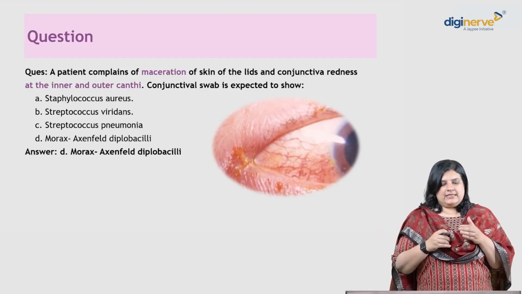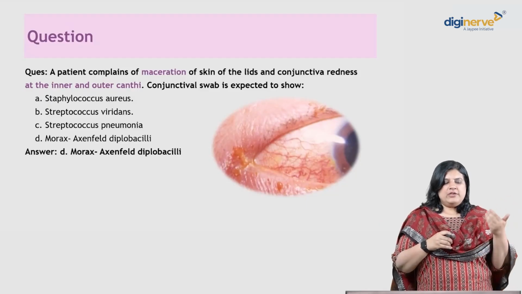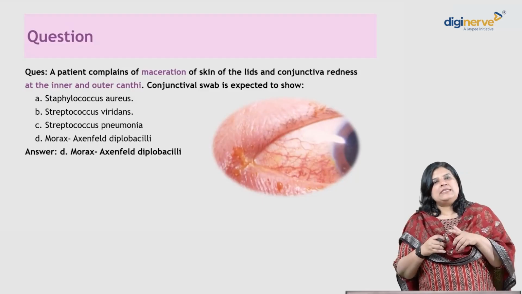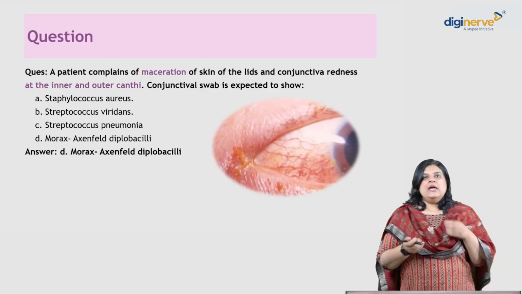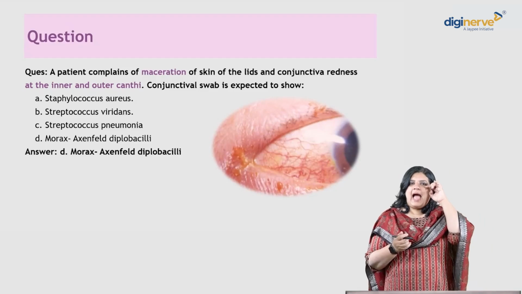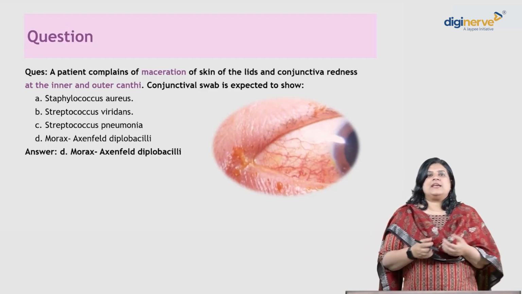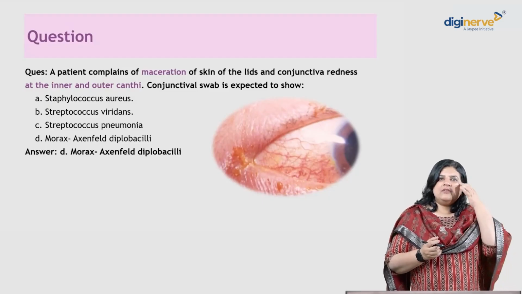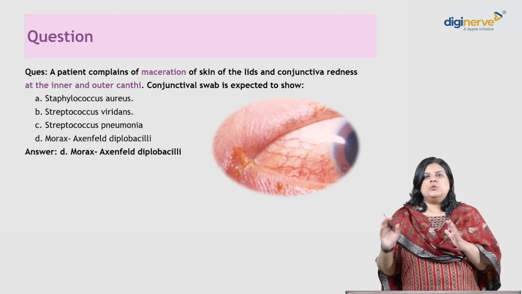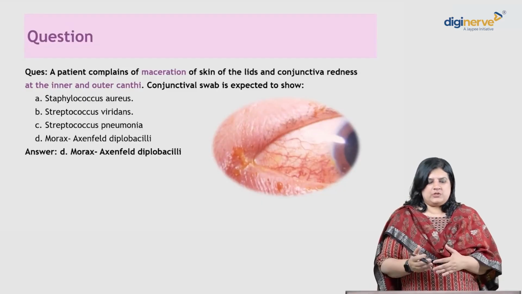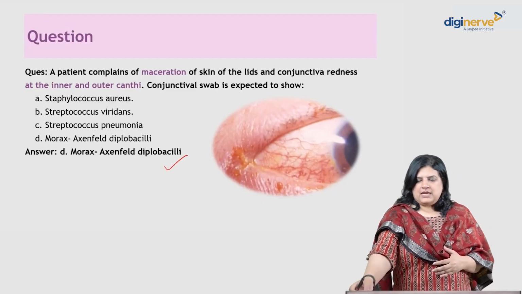So that is the correct answer. So the options can be Staph aureus, Strep viridans, Strep pneumoniae, Morax-Axenfeld diplobacilli, or Moraxella, either of it. Wherever you get angles and acrid or irritating discharge, where there is excoriation, there is burning of the skin, look towards Moraxella in the options, and that would be the correct answer.